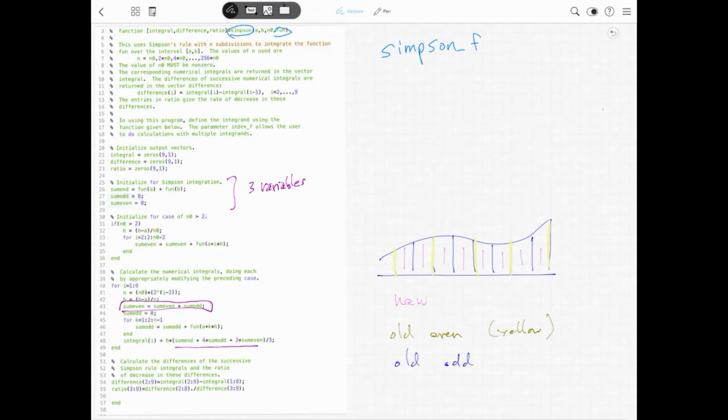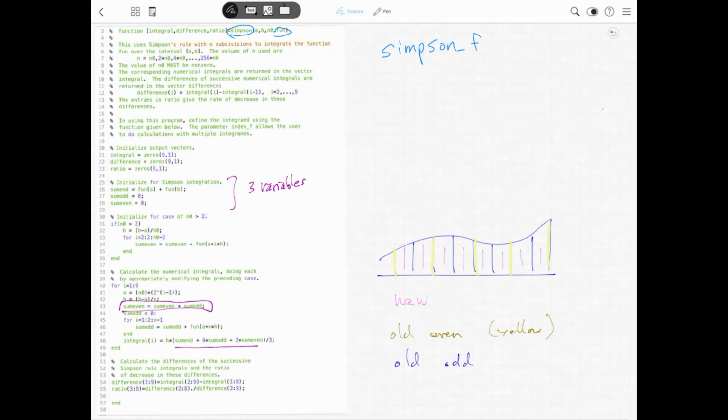One thing that's nice about this is that if you look at the picture over here, you can see that if we're currently looking at the blue and yellow sample points, then this one's odd, this one's odd, this one's odd, and the yellow ones are even. So they get weighted differently. However, when we double n, when we subdivide all those intervals in half, all those yellow and blue points now become even intervals for the next n.